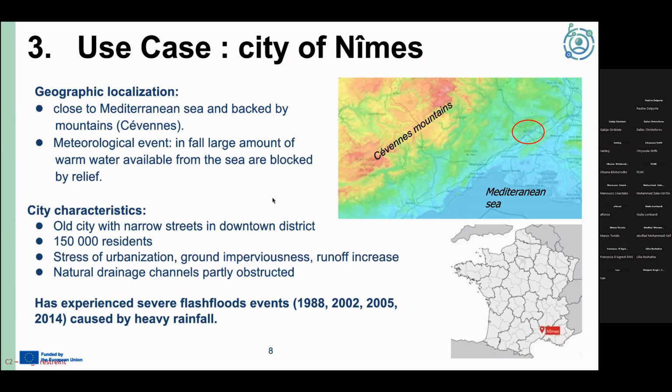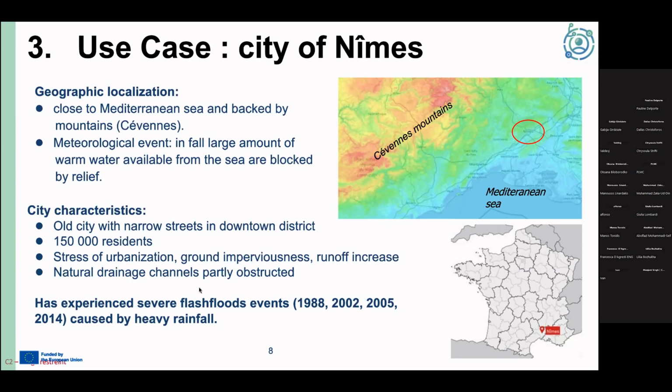The city is also particular because it's an old city with narrow streets. So we can imagine that we need a better resolution to be able to tell the difference between two streets. It has a lot of residents and suffers from the stress of urbanization.